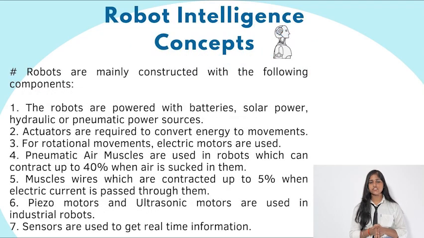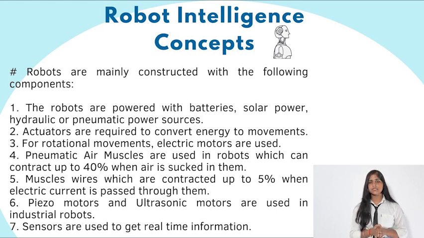Coming to our next topic, robots are mainly constructed with the following components. What are the components we can use for constructing robots? First of all, robots are powered with batteries, solar power, hydraulic or pneumatic power sources. Secondly, they require actuators to convert energy to movements. Third, for rotational movements, electric motors are used.